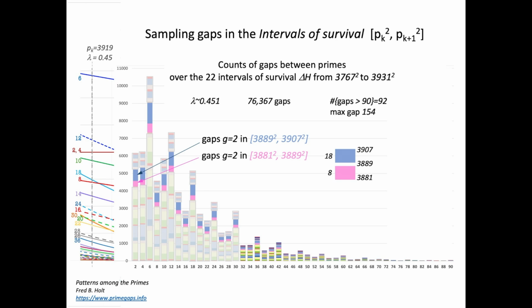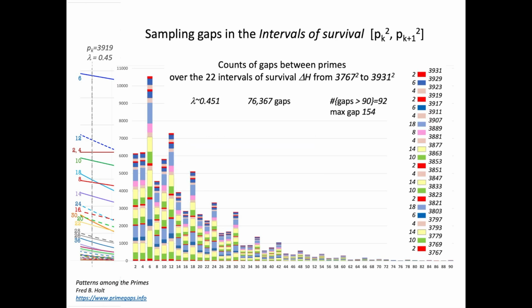The accumulation of gaps 2 in that second interval of survival are in that slate blue band. Then we accumulate the 4s. The third column accumulates the 6s in those bands. And then here we are looking at how many 12s, gaps of 12, were in those intervals of survival for those 2 samples.